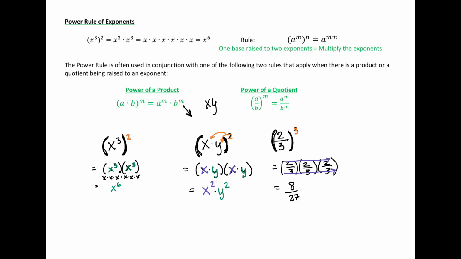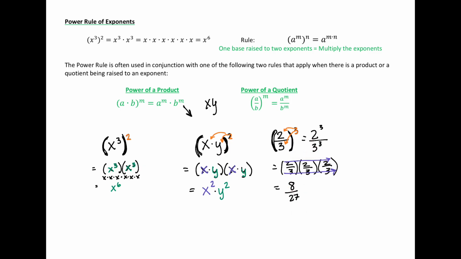But this 3 gets distributed to both of those. So you have 2 cubed over 3 cubed. 1, 2, 3 twos, and 1, 2, 3 threes. There we go.